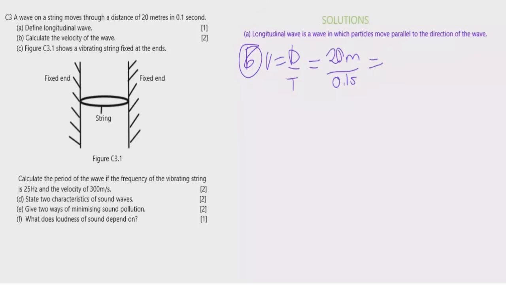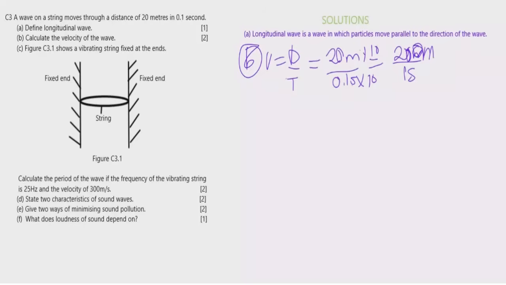We want to find velocity, so we're going to divide that. We make this 0.1 a whole number, which means the decimal point needs to move one step to the right. So we're going to multiply both numbers on top and down by 10, which gives us 200 meters over 1 second.